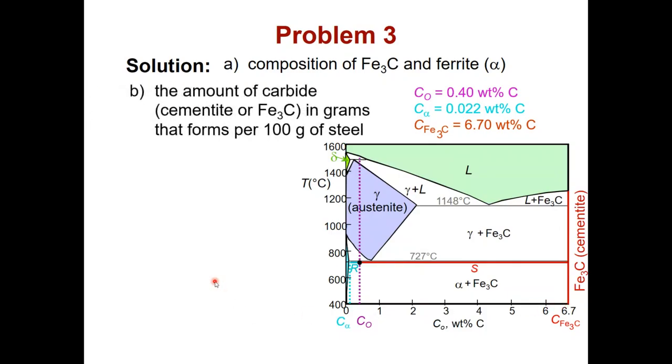Okay, and in part B, the amount of carbide, which is also referred to as cementite or Fe3C, in grams, that forms per 100 grams of steel.